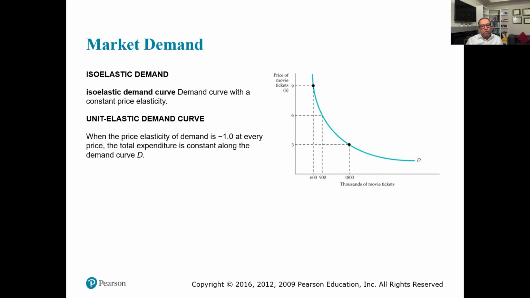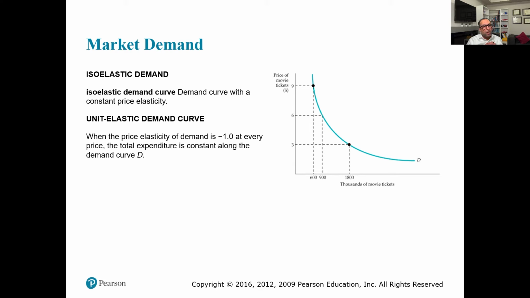There is another type of demand curve, which we call unit elastic, a demand curve in which the slope is such that whatever the percentage change in price causes the same percentage change in quantity demanded. For that reason, wherever we calculate the elasticity, it is always 1, and that type of demand curve is called unit elastic.